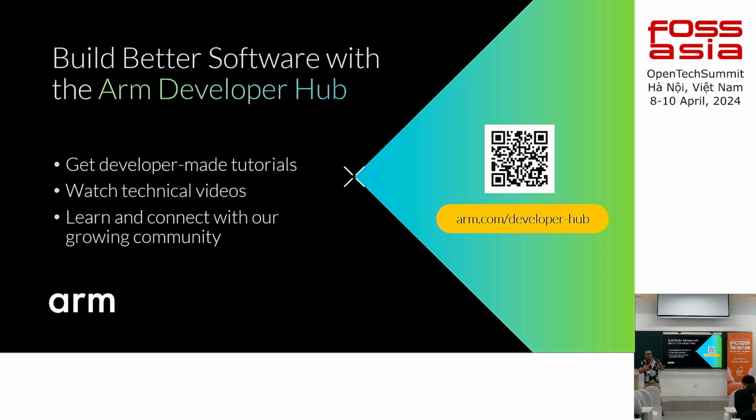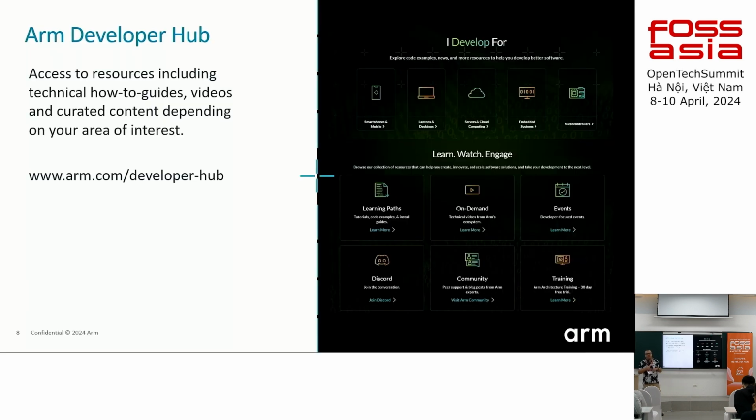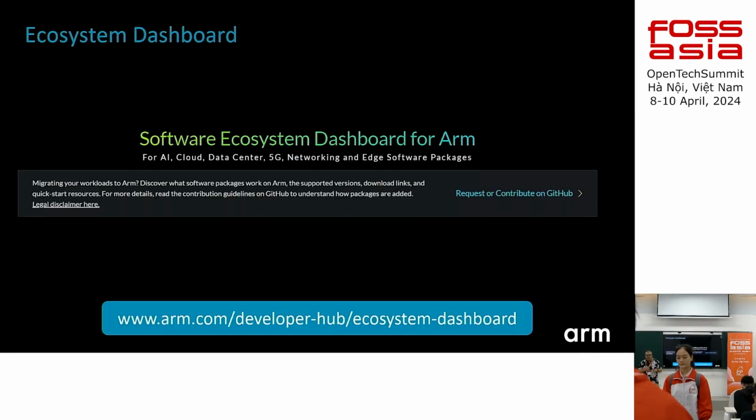So first stop when you want to start developing on ARM, whether it be from a hardware or a software perspective, is our developer hub. We've spent a lot of time and effort redesigning how we can actually get information into the hands of developers. And so we've created the hub here to help collate all of that.